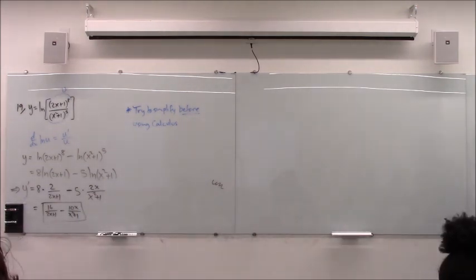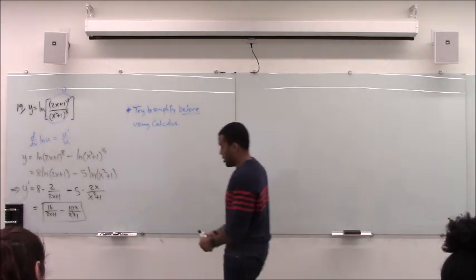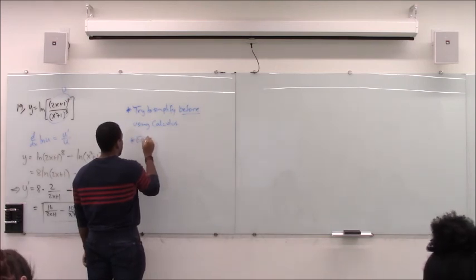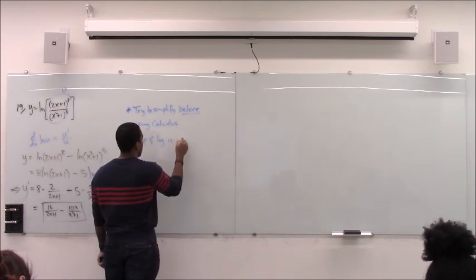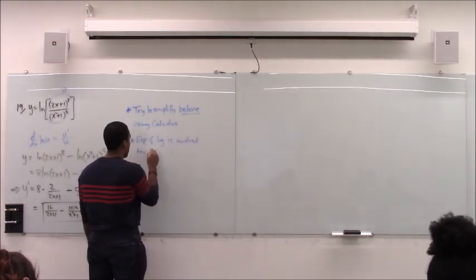So apply your algebra rules before you have to apply the calculus rules whenever possible. So in other words, especially if log is involved, try to apply log rules before.